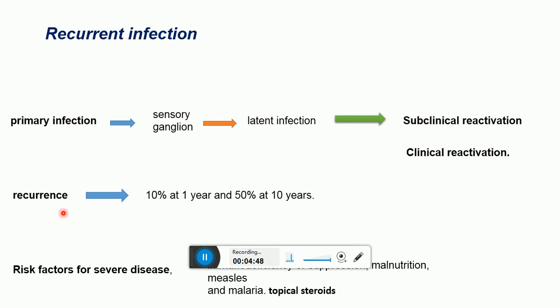The rate of ocular recurrence after one episode is about 10% at 1 year, 50% at 10 years. The higher the number of previous attacks, the greater the risk of recurrence.